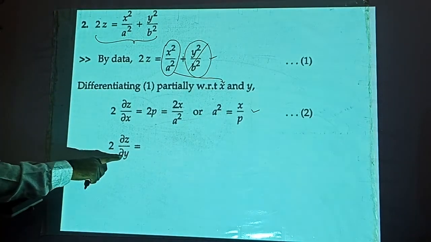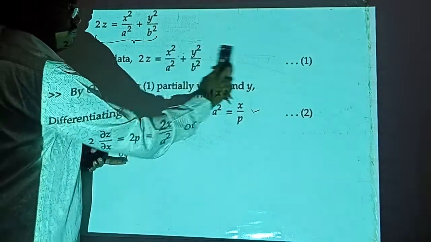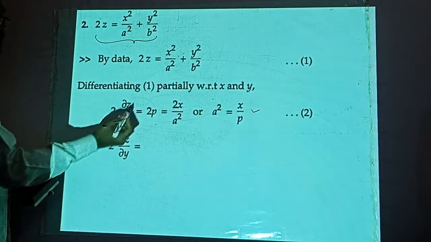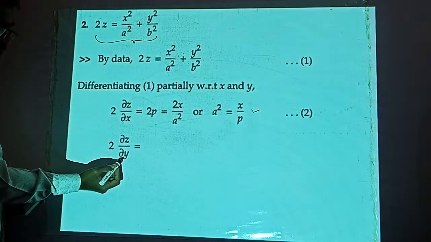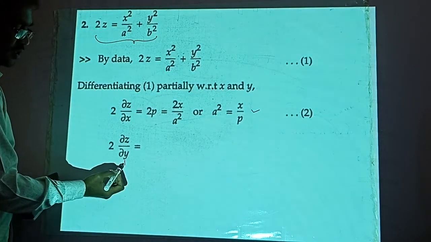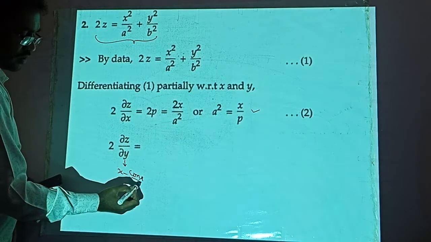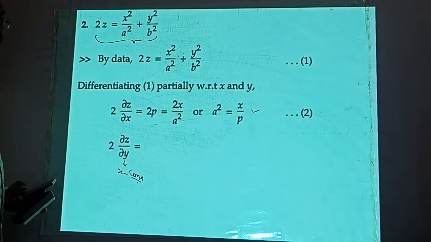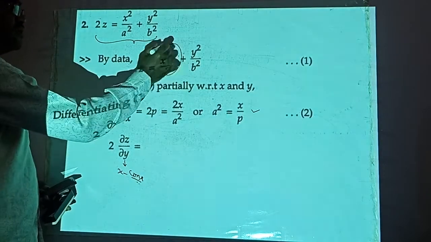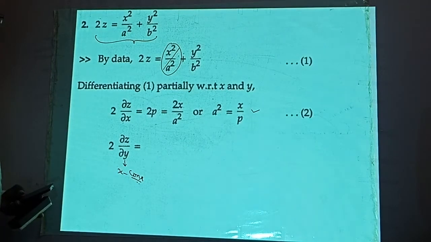Now let us differentiate with respect to y. Differentiation of z with respect to y is ∂z/∂y. Since we are differentiating with respect to y, x remains constant, so the differentiation of that term is 0.